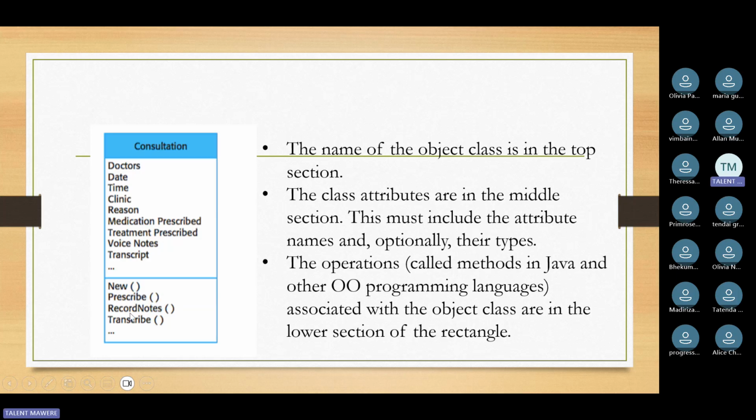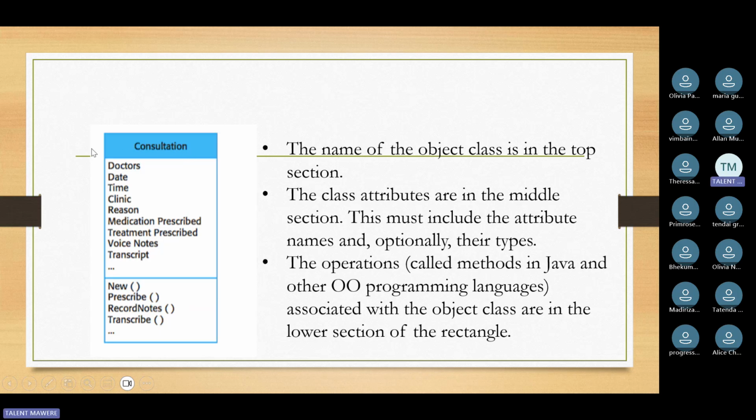We can have a new record notes when the doctor records notes about the ailments. We can have the transcribe action. So this now represents the full structure of a typical class.